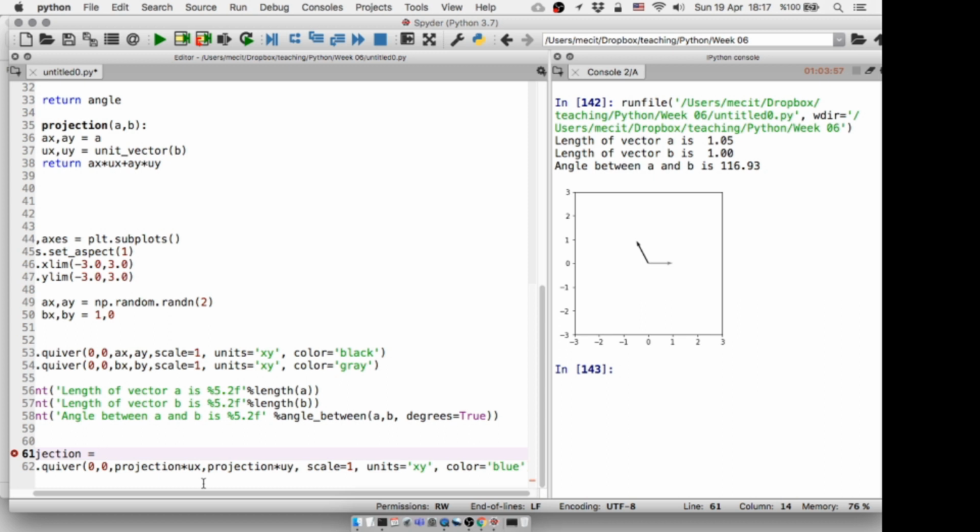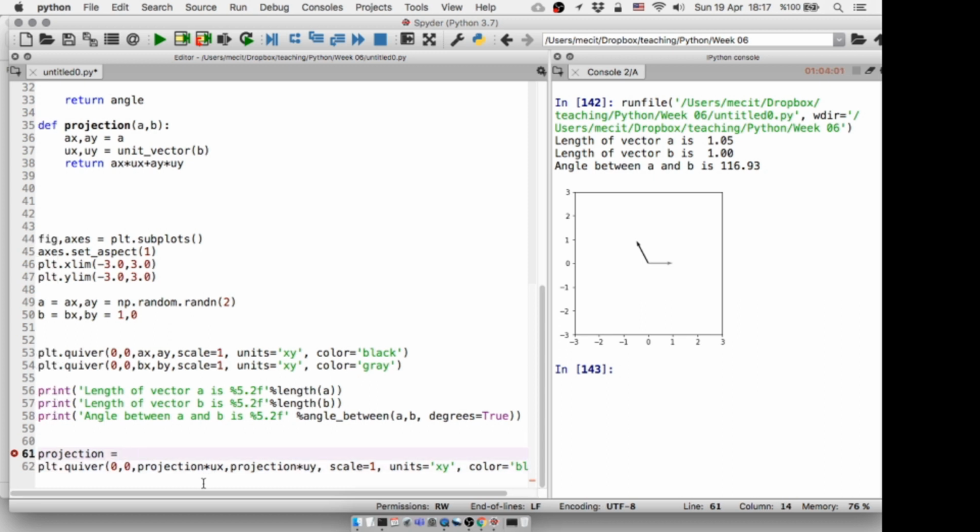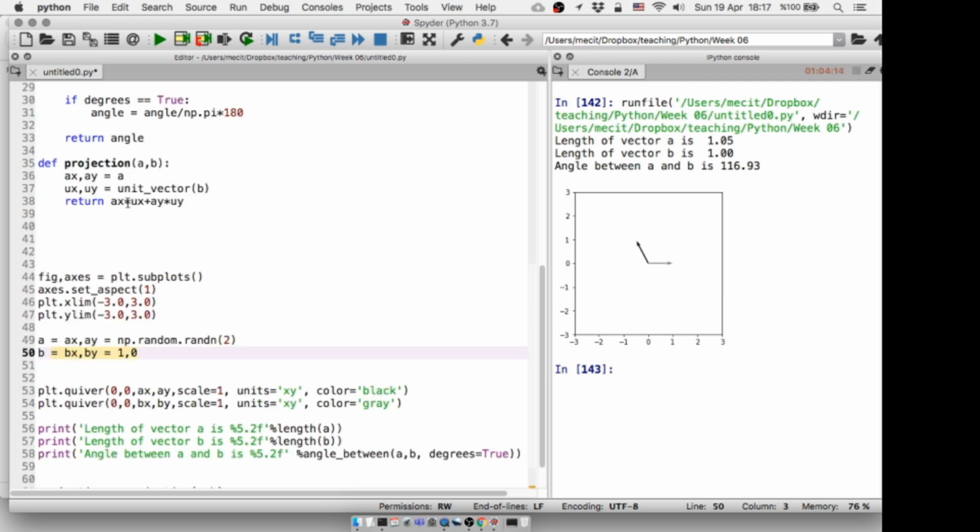Now the projection scalar, I get it from my projection function, projection of A along B. My B vector is already a unit vector here, so this line in the function will basically get the components. ux and uy will be bx and by.